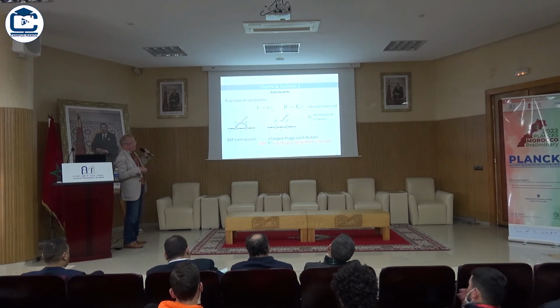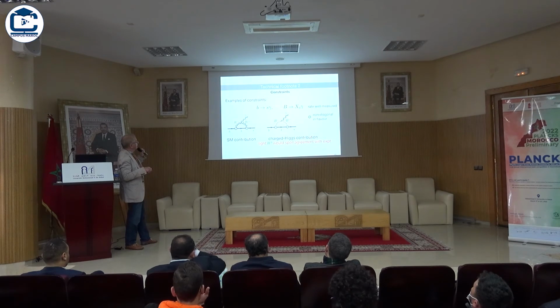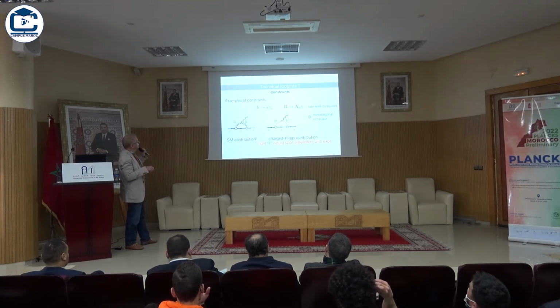But if we have charged scalars in the model, then the photon could also couple to the charged scalar, and this leads to an additional contribution. And this is at the quark level. At the meson level, it's a B meson, which goes into any meson containing an S quark and a photon.